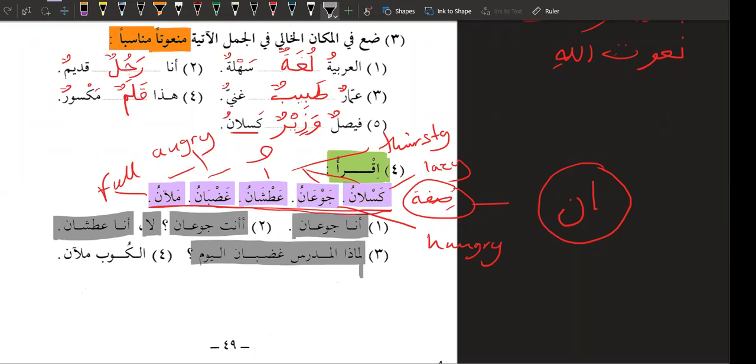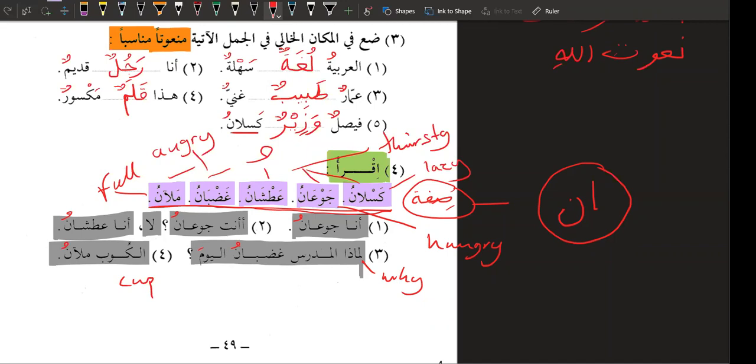Why is the teacher angry today? Then we have al-kub, the cup. Al-kub mal'an, the cup is full. So we use these as descriptions: ana kaslan, ana ju'an, ana 'atshan, ana ghadban.